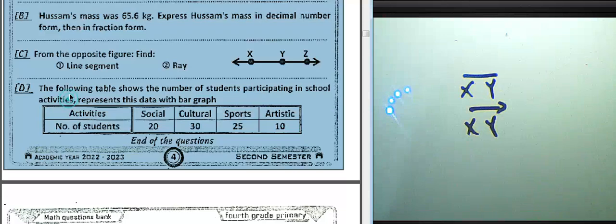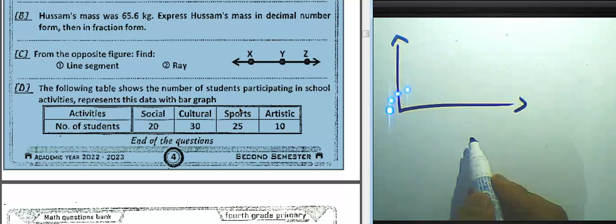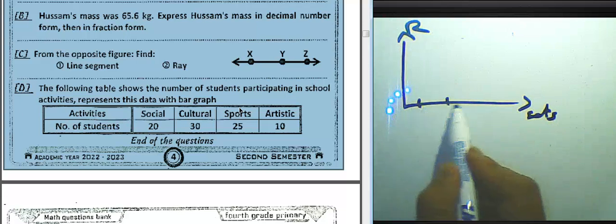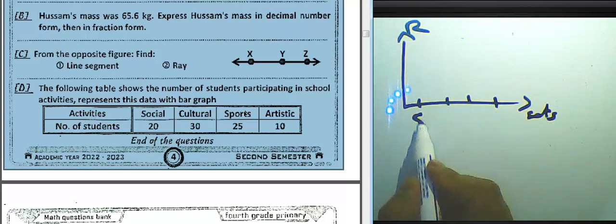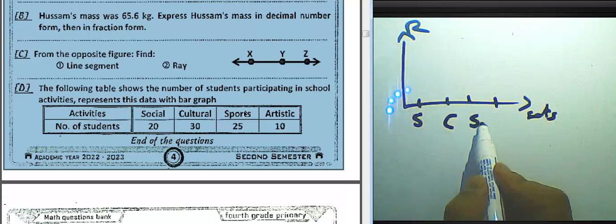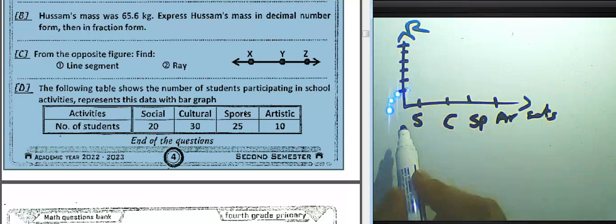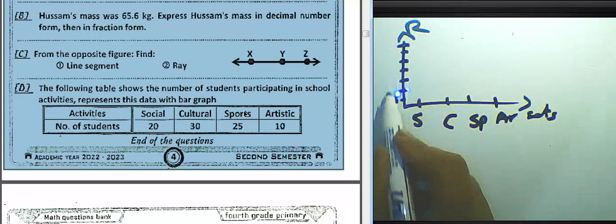Question letter D. The following data show the number of students participating in school activities. Represent the data with a bar graph. We can draw the seats and then the repetition. Seats here: social, cultural, sports, and arts. The distance scale is 5, 10, 15, 20, 25, 30, 35.